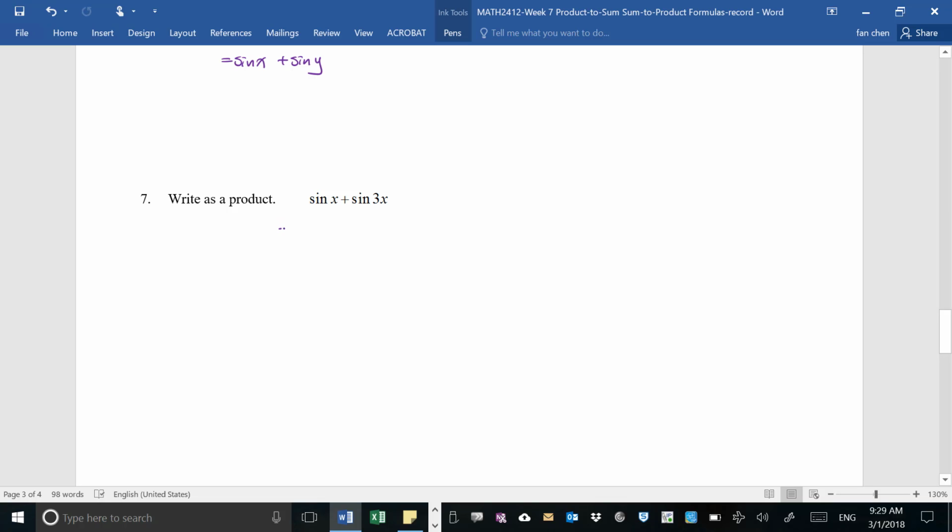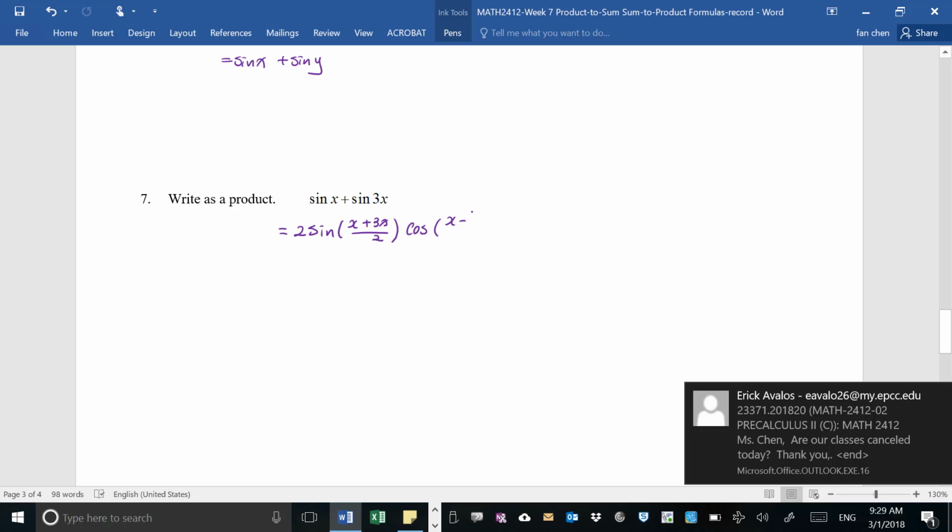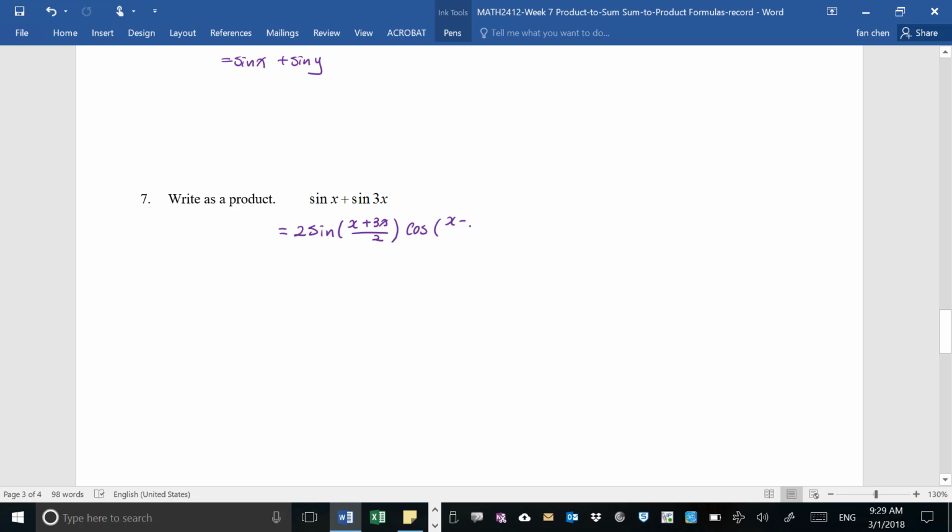If we go back to see the formula, that is equal to 2 sine of the sum of the two angles divided by 2, and cosine of the difference divided by 2. So that is equal to 2 sine 4x over 2 cosine negative 2x over 2.